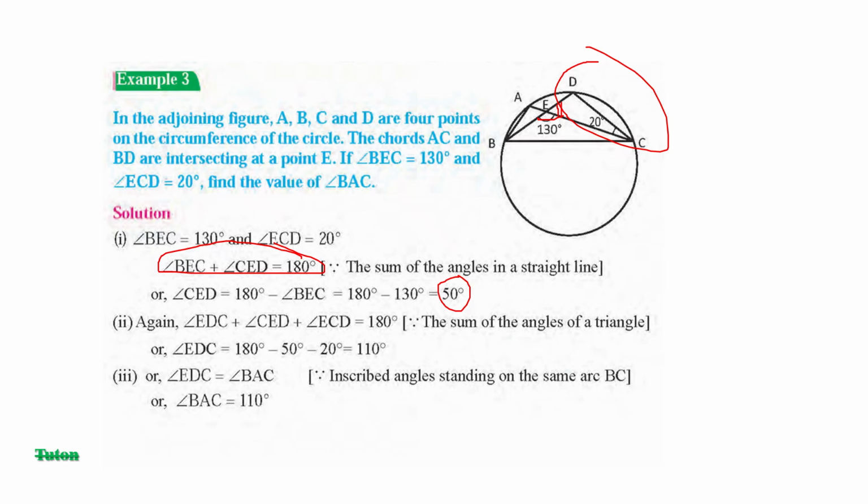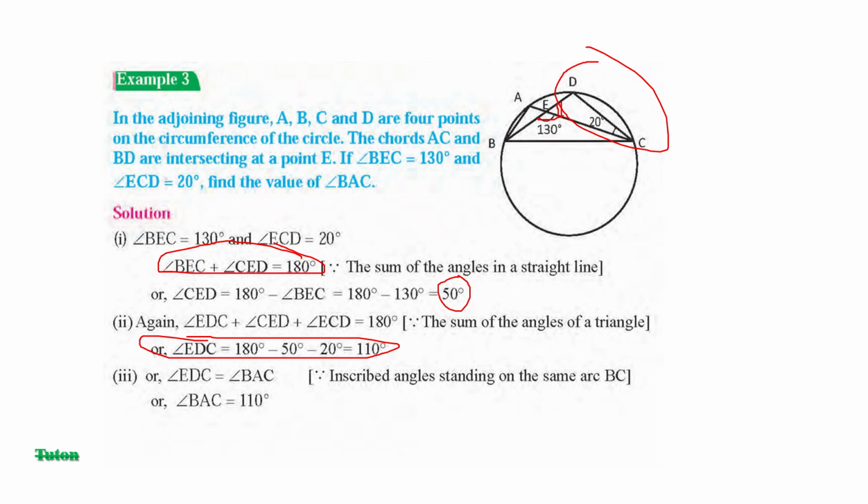As we already have the values for two angles of the three angles of the triangle, we can obviously calculate the remaining angle, which is EDC. Now we have got the value for EDC as 110 degrees.